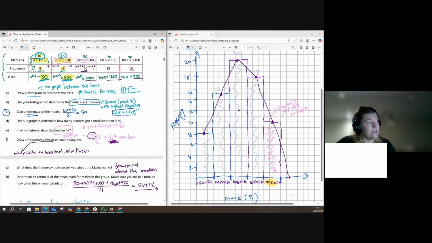So we're adding all of those together, which is like adding all of our data points together to get that total. And then we know we had 71 people in this, so that's the number of data points. So we have our sum, which is an estimated sum, which is why it's an estimated mean, divided by the number of people in the study.